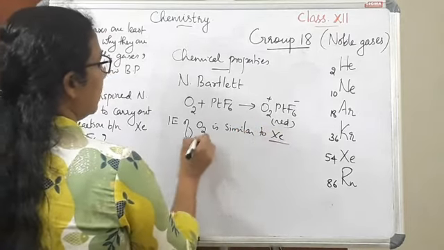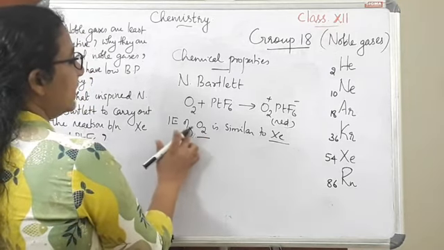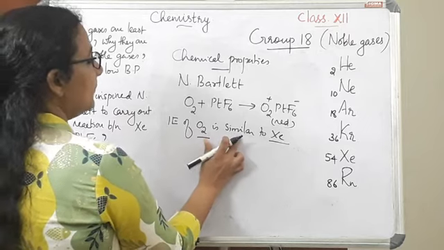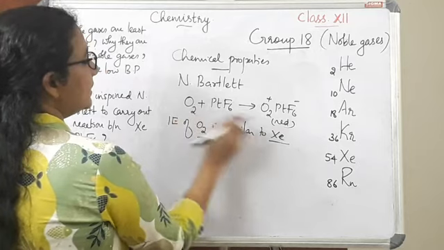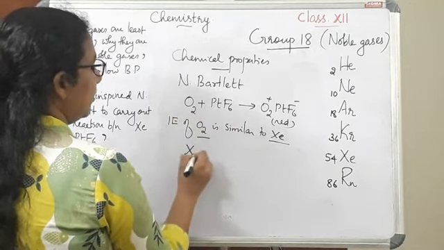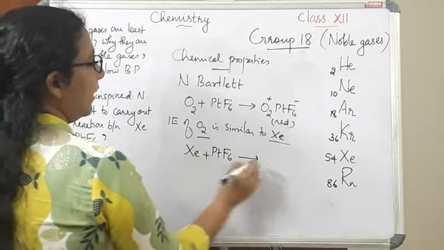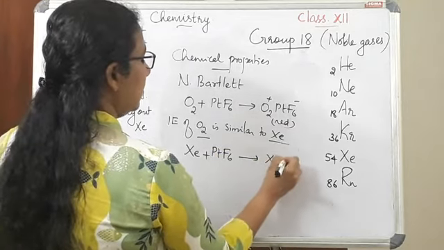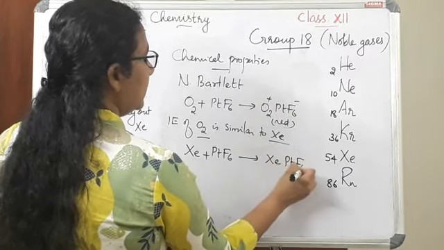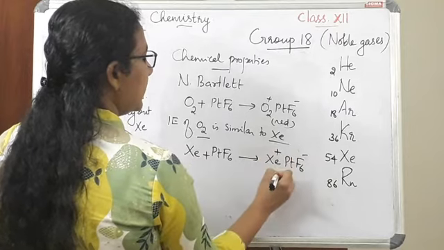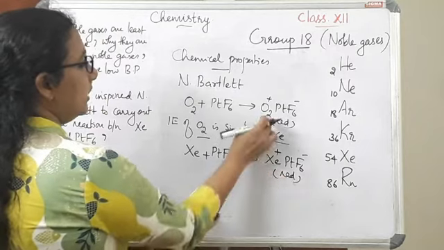So instead of oxygen, he reacted xenon and PtF6, and he found a similar compound, that is XePtF6. This is again a red compound.